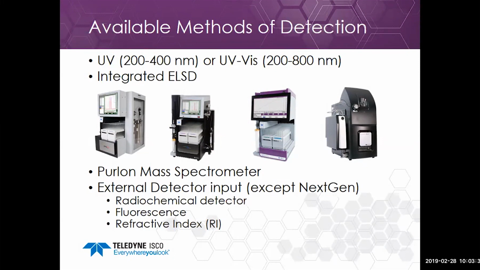We also have a pure ion mass spectrometer module that can be added to any of the systems. And then all of the systems except the NextGen offer external detector input and analog input. Some examples of where customers have used these are a radiochemical detector, fluorescence, or refractive index as an alternative detector for some unique applications. We won't go into any more details with those, but those are available.